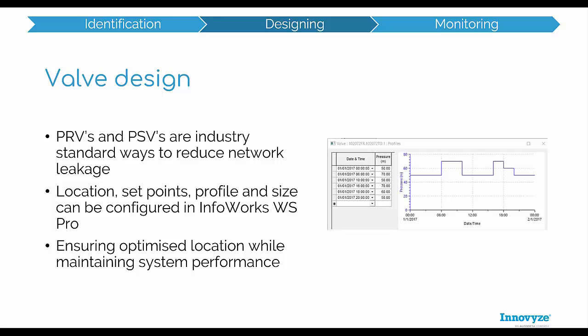And these can really help you get the optimum location of the valve, the size of the valve, the pressure, as well as the set point that the valve is trying to maintain. So this can be used to really optimize your network, but also to ensure that those customers will still be receiving pressure based on their profiles, especially commercial users, and these can be checked when doing this within the hydraulic model.